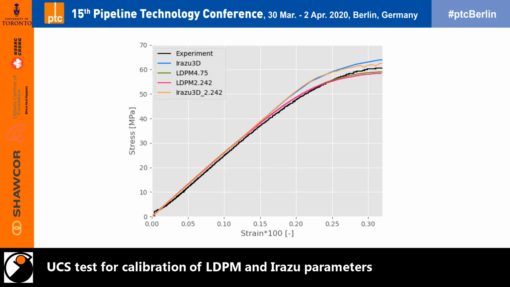Also, we can see the red curve and the green curve that represent the LDPM simulation, where the red curve represents the finer mesh. Here also, we get independence from mesh sensitivity.